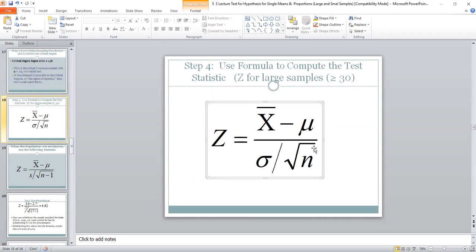And when the sample is small, that is less than 30, then the test statistic is the student T test statistic. The student T test statistic is given by the same thing.